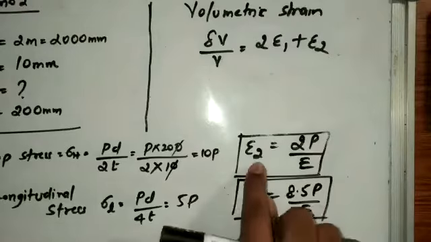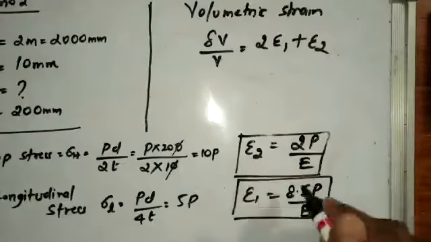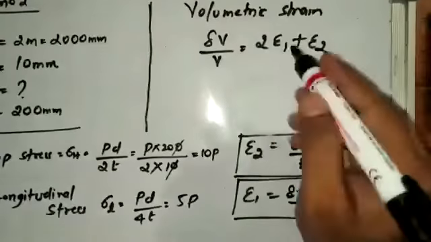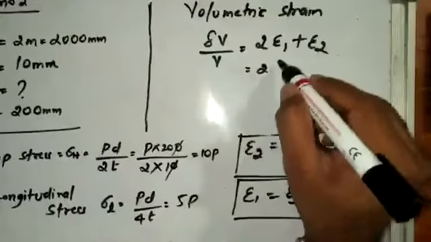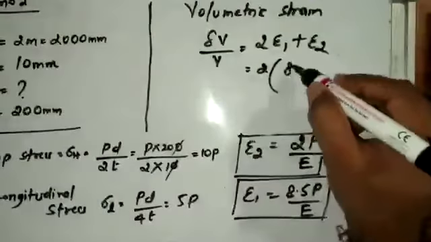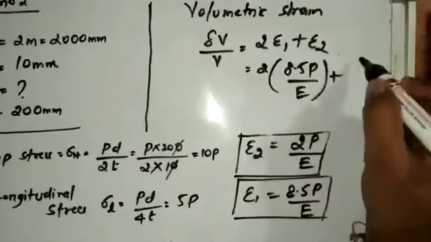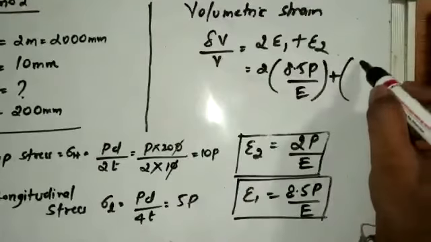Now take this epsilon 1 and epsilon 2 values, substitute it here in this equation. So 2 into epsilon 1 is 8.5p by E plus epsilon 2 is 2p upon E.